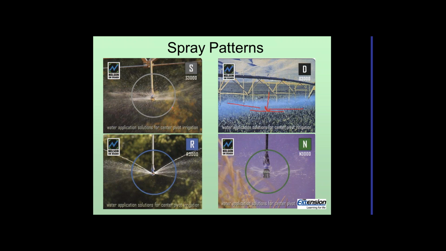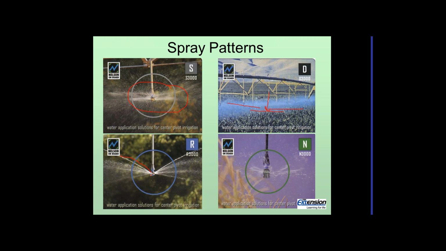Moving over to the left, this is called a spinner, and you can see it's putting water out in all different directions. This has a nice even pattern of water to spray out, but it doesn't cover as much ground as the next one, which would be called the rotator, which is on the bottom here.